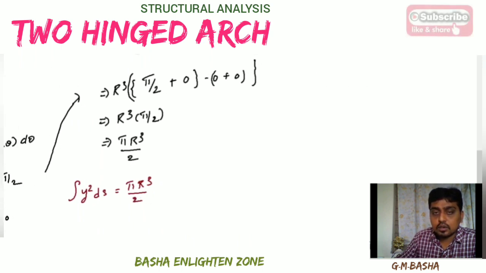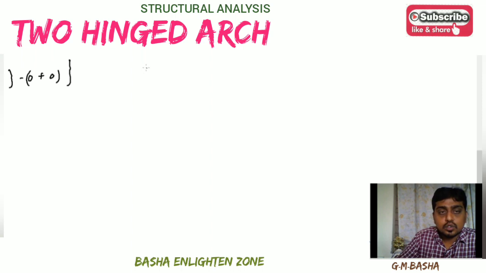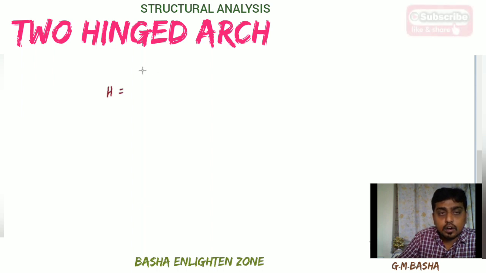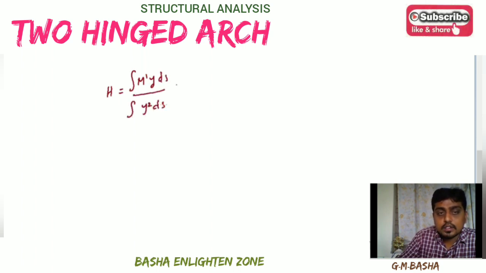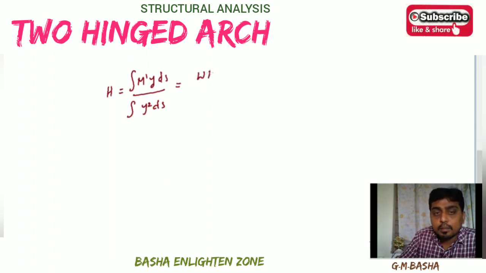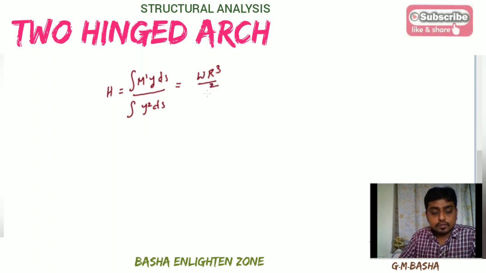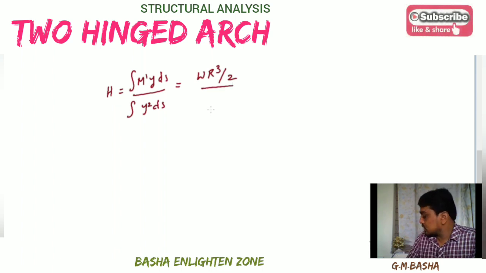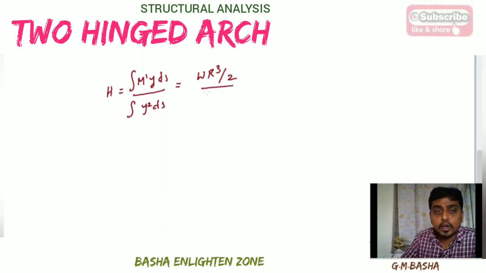After solving this one, so overall value numerator by denominator, that one will be equal to H value will be equal to integral of m dash y ds by integral of y square ds. Already you people know, numerator part will be equal to WR cube by 2, again denominator part will be equal to pi r cube by 2.